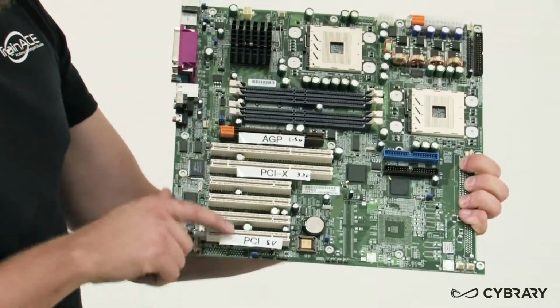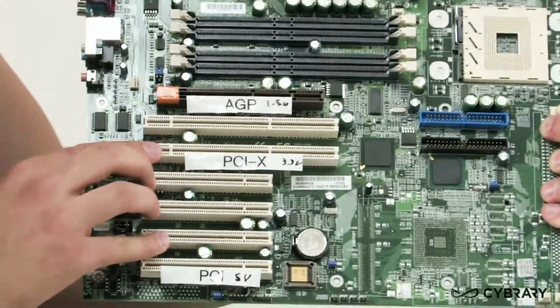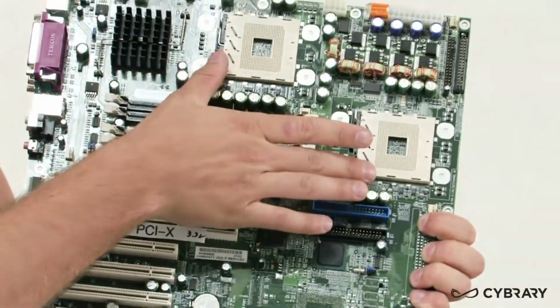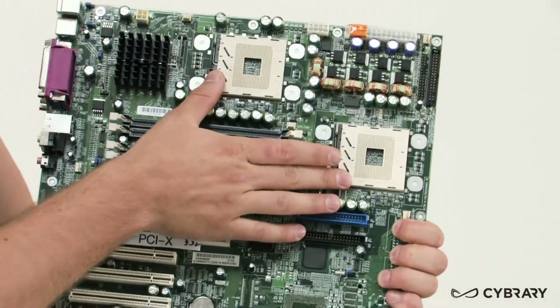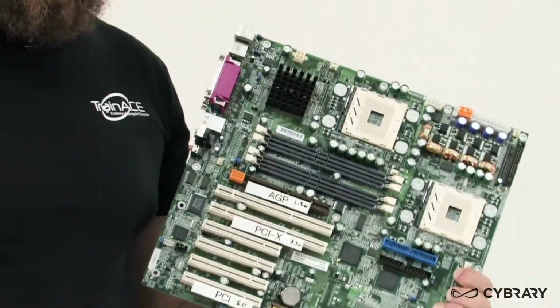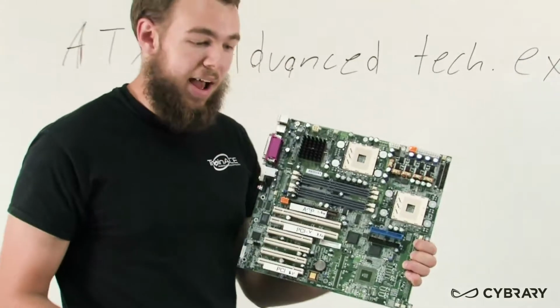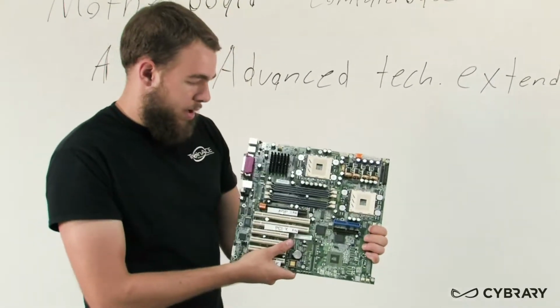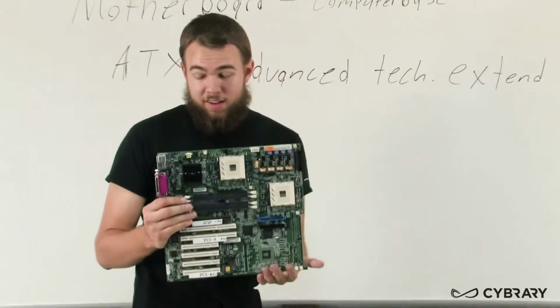We have our additional expansion slots. We have our memory here. And on this board, we can actually see we have 2 places for CPUs. This can come in handy, especially on, say, a bigger server computer that we're using more for server capacity, that we have that additional CPU power. So this is going to be, again, our ATX Extend.